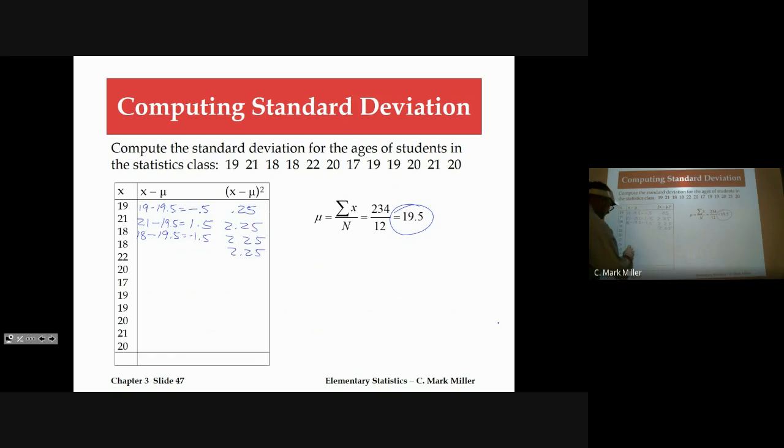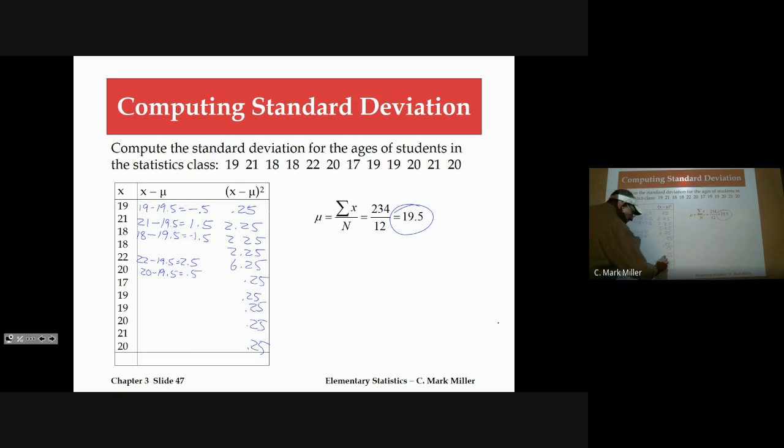These 19s right here are going to be 0.25, those two 19s. 22 is a little tricky, but 22 minus 19.5 is 2.5, squared is 6.25. 20 minus 19.5 is 0.5, squared is 0.25, and that goes for this one down here and this one here.